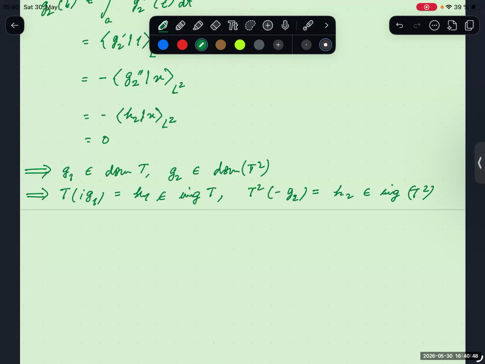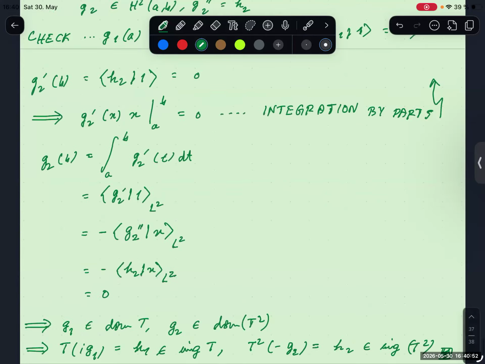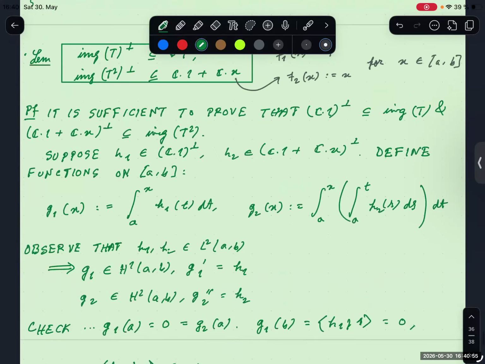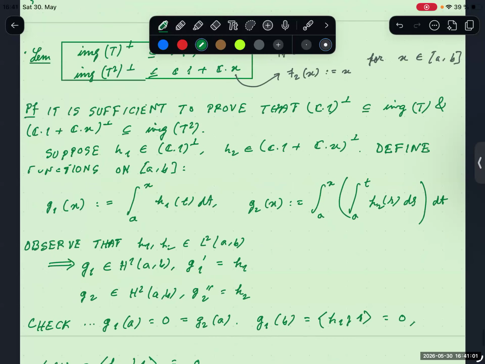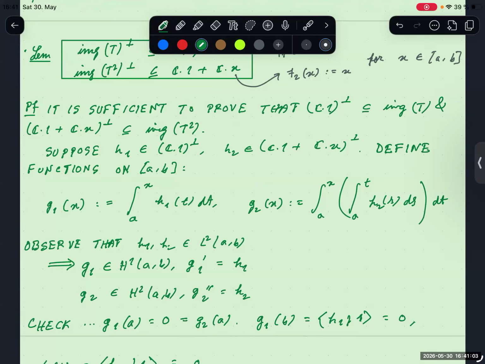Okay, so that proves our statement. Any questions? It's a simple derivation, but systematic, and you have to cook up the functional space in an appropriate way.